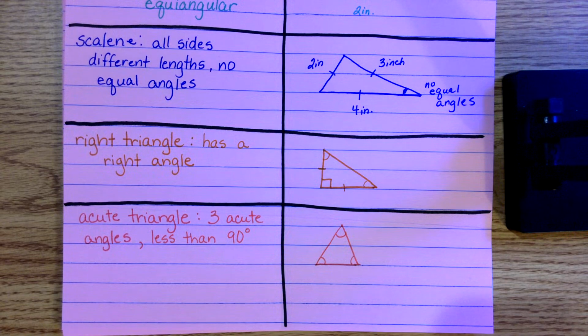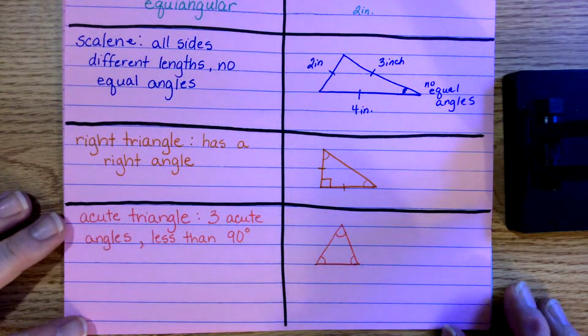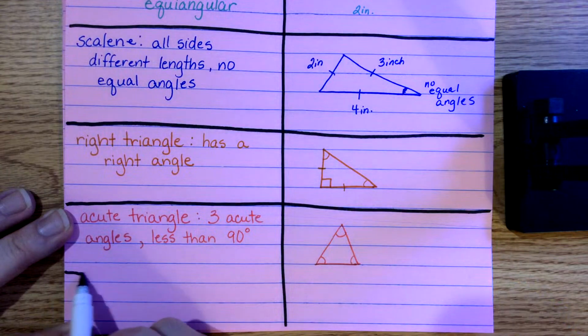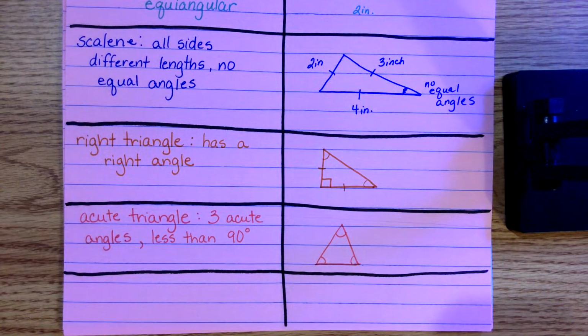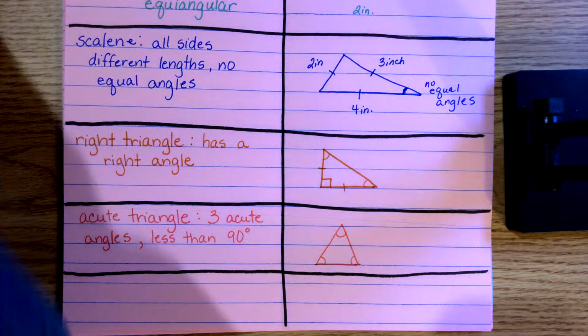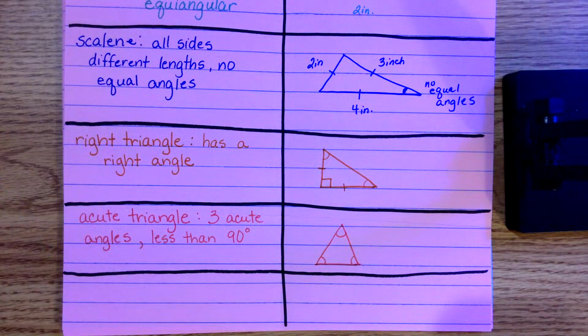And last but not least, a triangle having at least one obtuse angle is called an obtuse triangle.